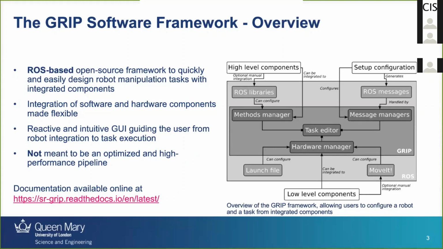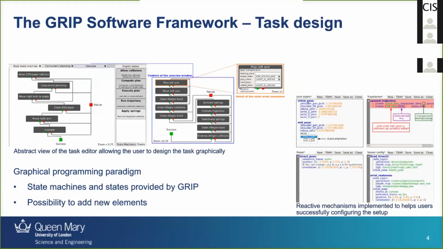Here on the right-hand side, you can see some of the reactive mechanisms we implemented in the robot configuration part. So for instance, red signals stating that something is wrong, or auto-completion. And so we've tuned the whole tool for really robotic grasping manipulation. So for instance, you have a generator of trajectories.